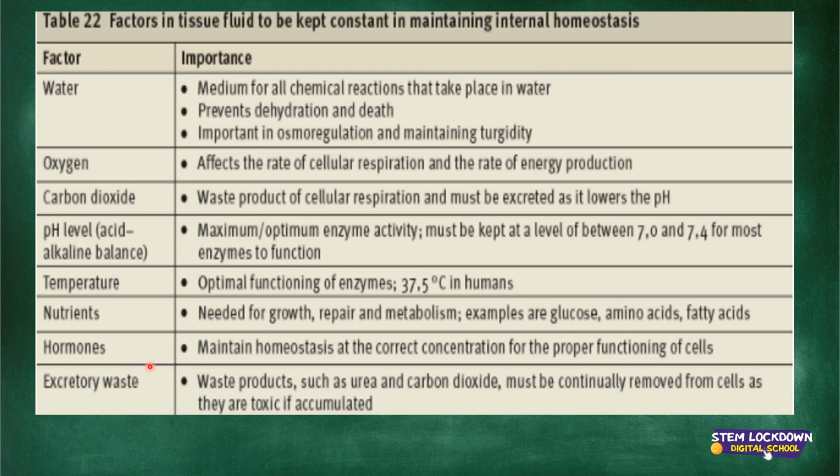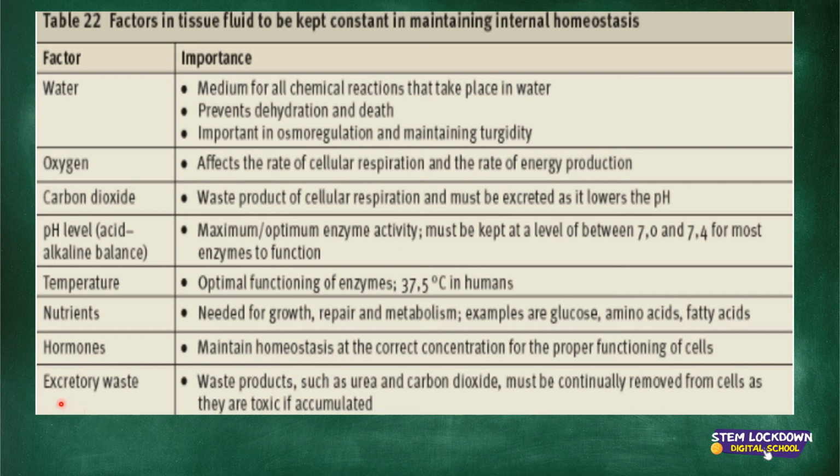Like I've just mentioned, with glucose you need to secrete insulin or glucagon. The same with osmoregulation, the water concentration and blood pressure: you need to secrete either ADH or aldosterone. So hormones play a very crucial part in homeostasis.